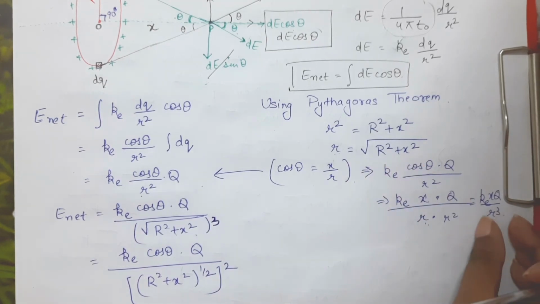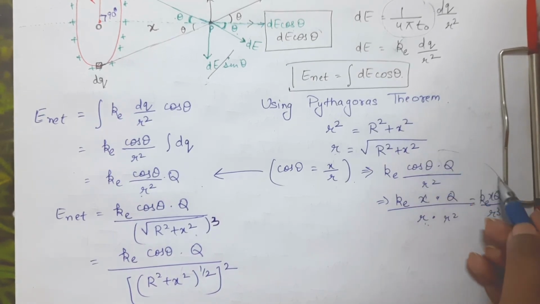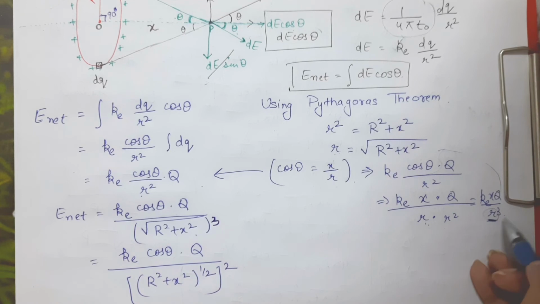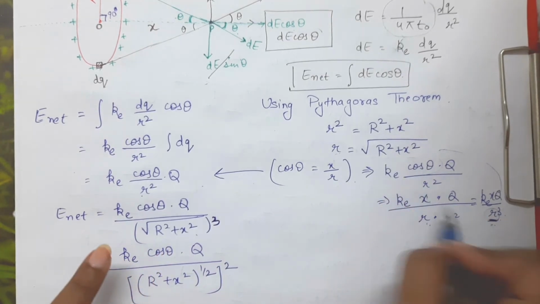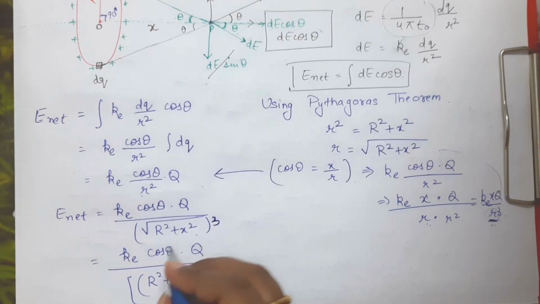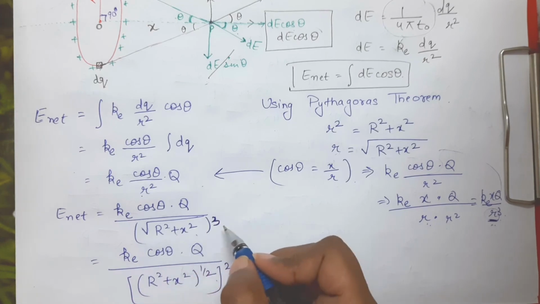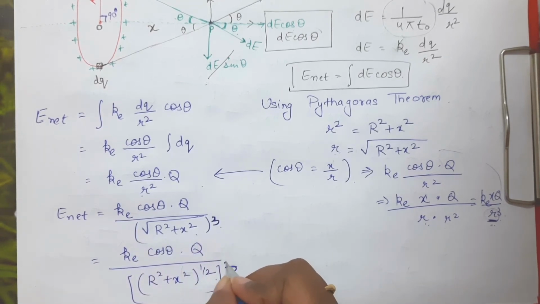So in this one you just have to substitute the value of this r. First of all you have to do this one and then proceed for this one. So you will be left with root under r square plus x square to the power 3. Root means power 1 by 2, here power will be 3.